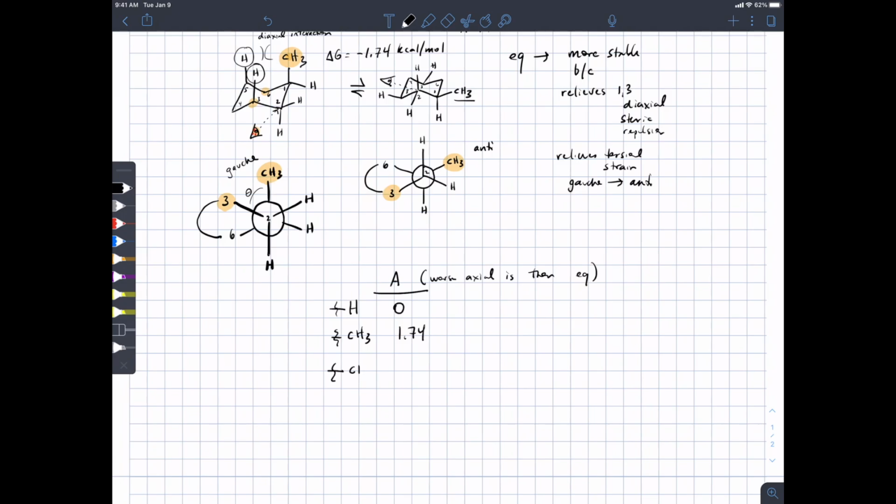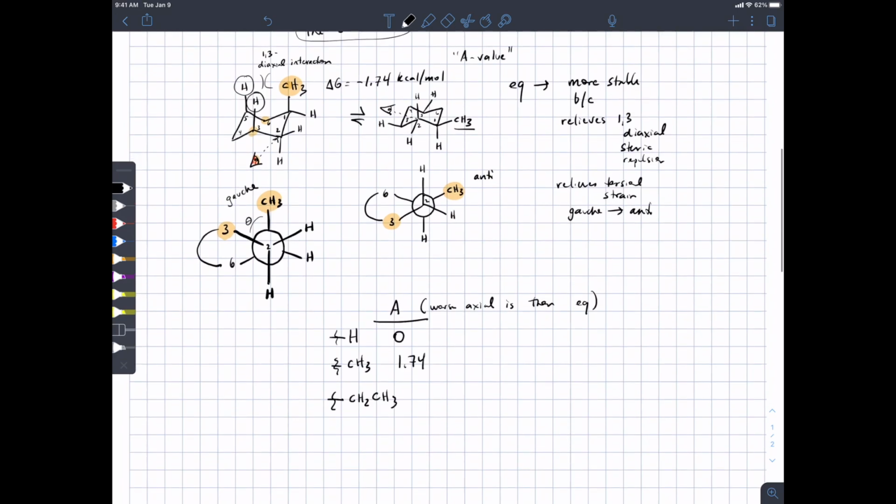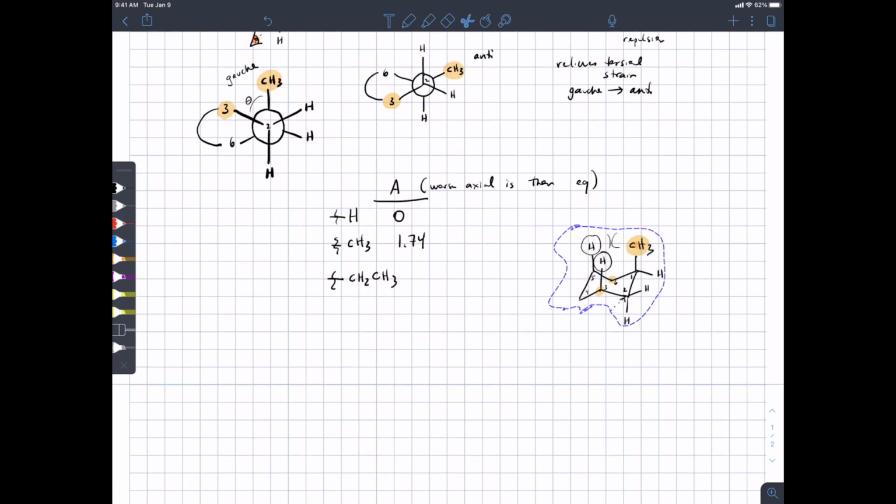Interestingly, as you go from methyl to ethyl, you put another carbon on that equatorial position, it doesn't get as bad as you would think. And the reason for that is that we can still rotate around carbon-carbon bonds. So the ethyl group will orient itself such that the extra carbon is pointing away from those diaxial protons, so it's not as big of a deal.